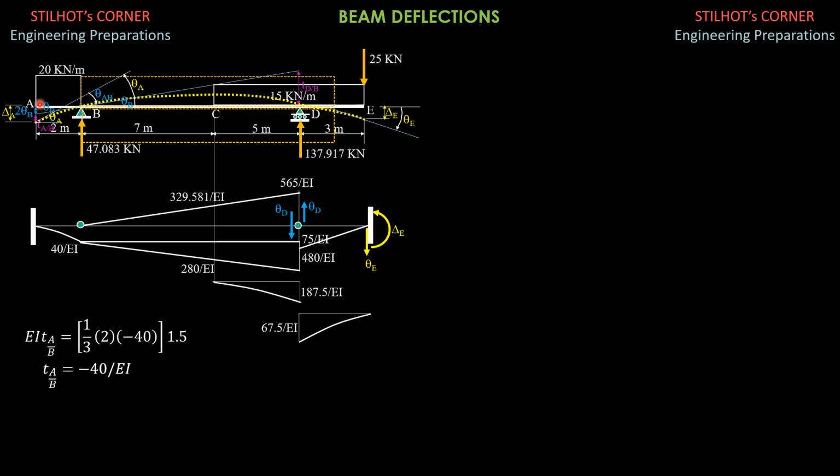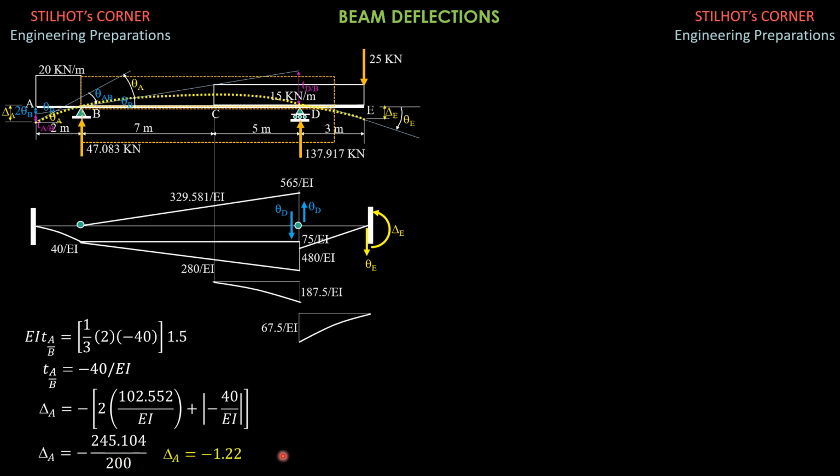It is the negative of the absolute value of 2 theta B plus the absolute value of the deviation of A relative to B. So delta A is negative quantity 2 times theta B, which is 102.552, then plus the absolute value of the deviation of A relative to B, so 40 over EI, then make it negative. It is equal to negative 245.104 over 200. So delta A is negative 1.326 mm.